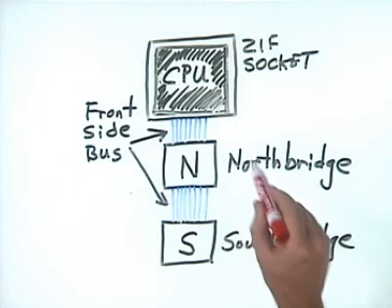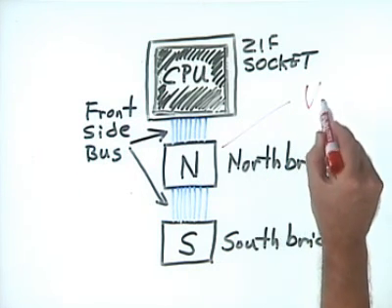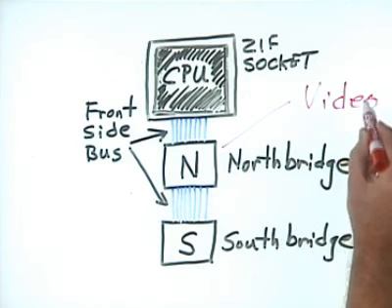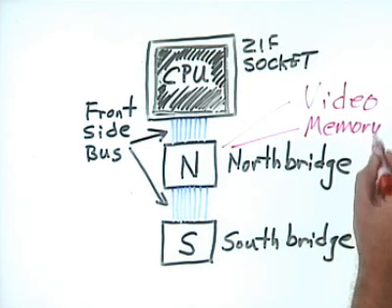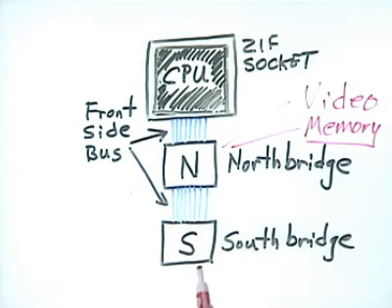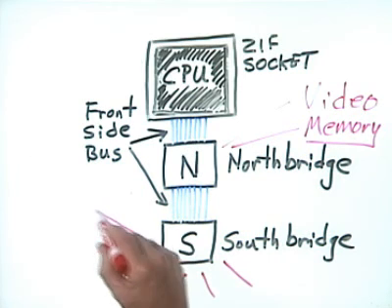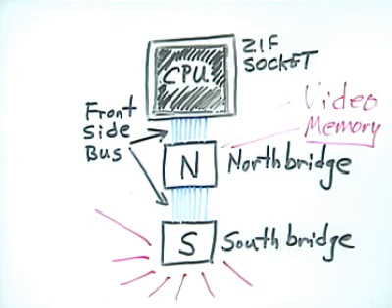The North Bridge handles I/O to video and to memory, things that you want to happen very quickly on your system board. The South Bridge chip manages input and output to other internal and external expansion buses.